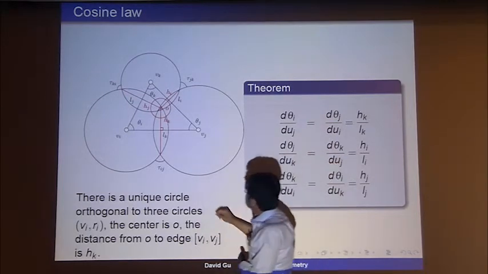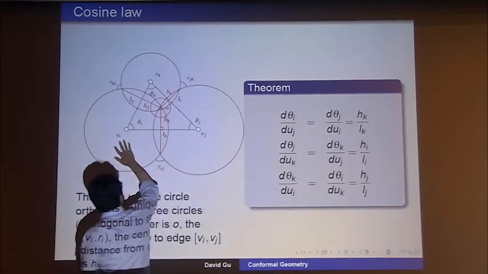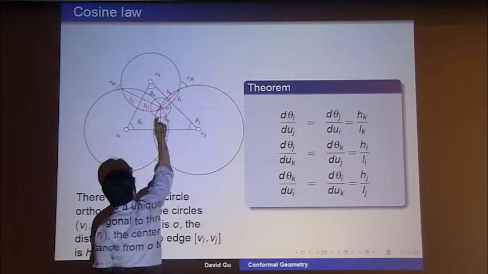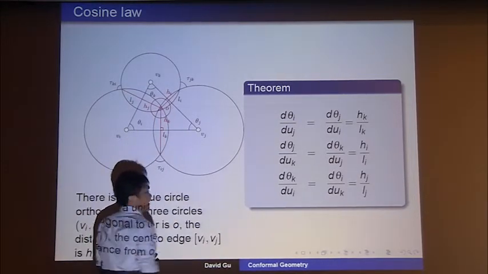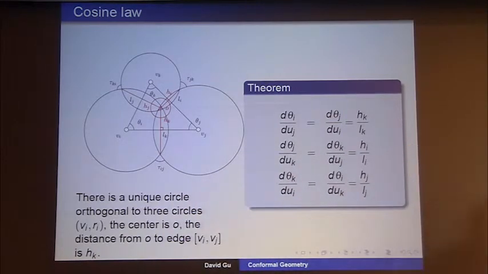And similarly, the partial derivative of this angle with respect to this circle equals the same Hk divided by Lk. Which is very geometric, very easy to memorize. Then this fact is very, very crucial. Basically, theta I with respect to Uj equals theta j with respect to Ui. So this shows the symmetry.